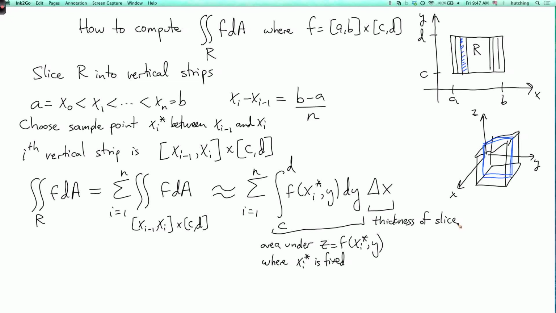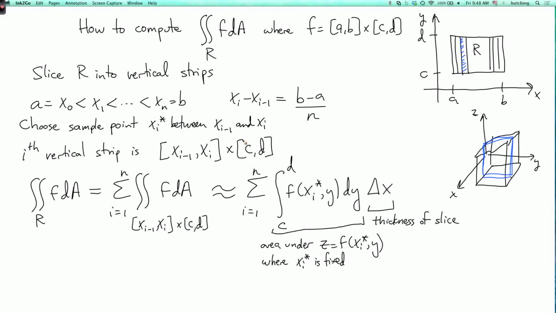However, as we take the limit, I could choose any n I want. But if I take n bigger and bigger, then this approximation is going to get better and better. So in the limit, this should be equal.